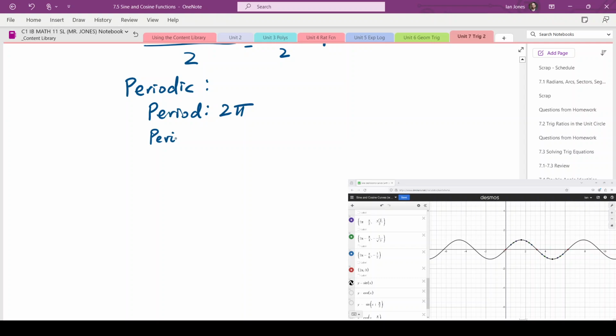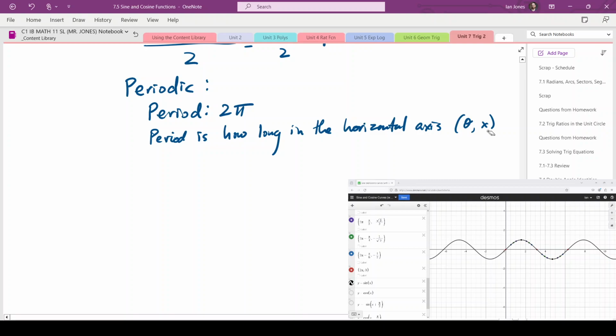The period is how long in the horizontal axis, so that could be theta or x. I'll put an or, because otherwise somebody might think that that's an ordered pair. It takes to repeat the cycle or the wavelength.